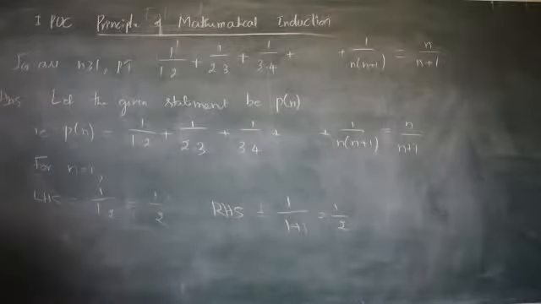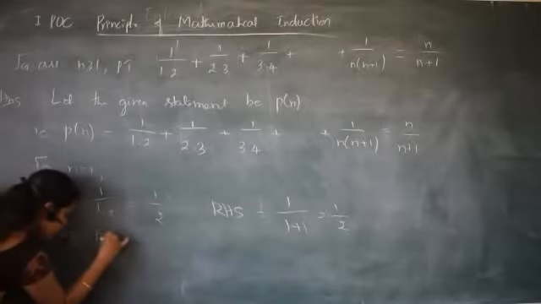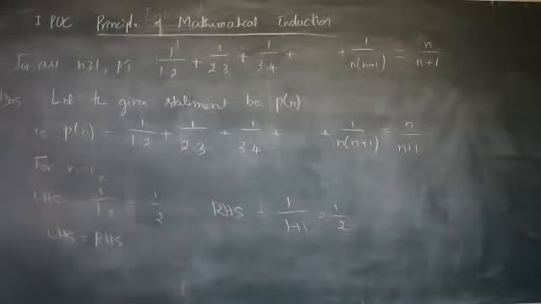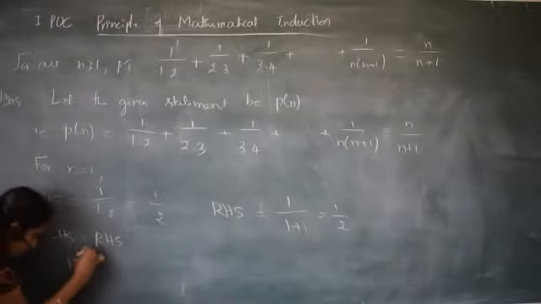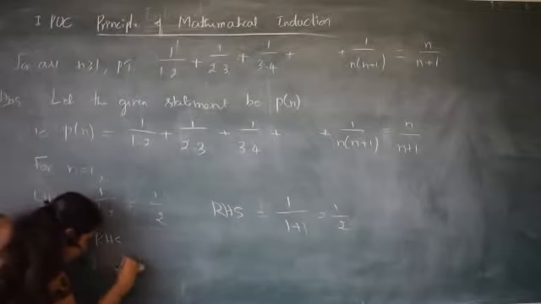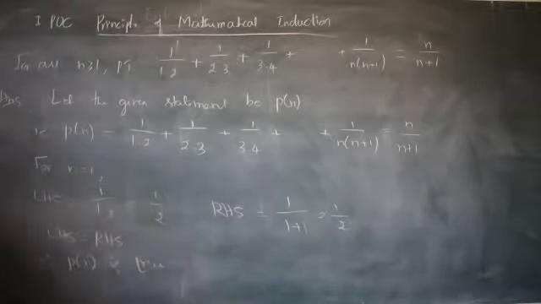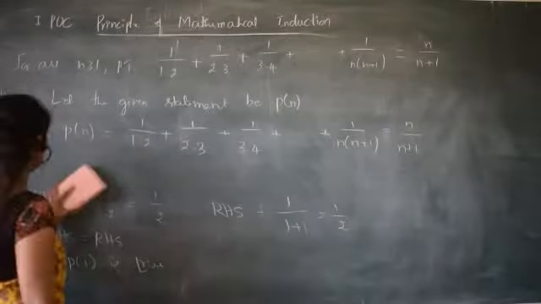Left hand side is equal to right hand side. Therefore, P of 1 is true. So this is the conclusion for n is equal to 1.